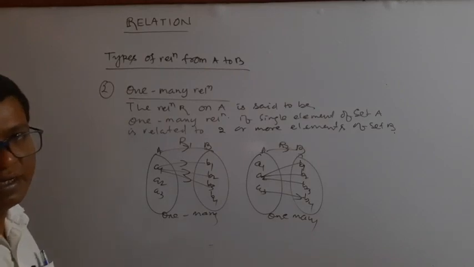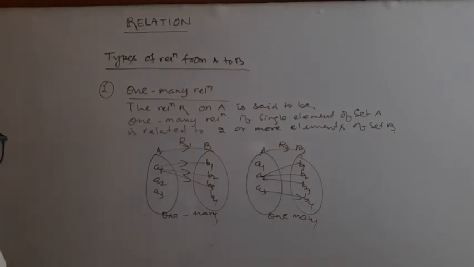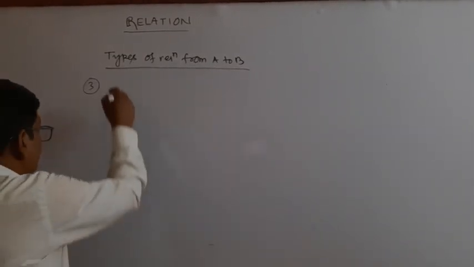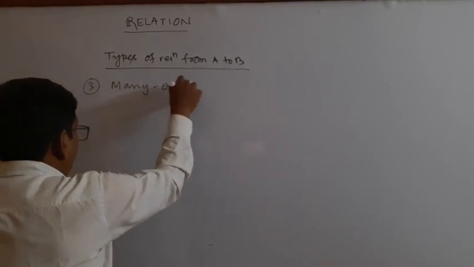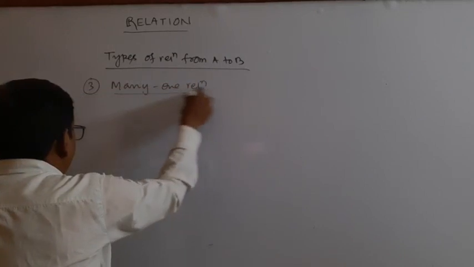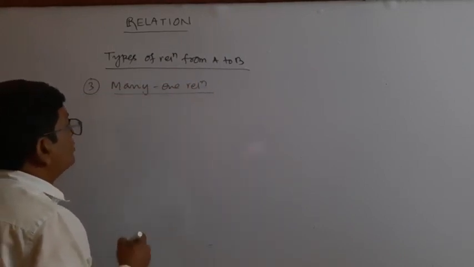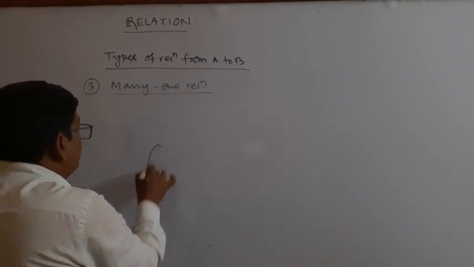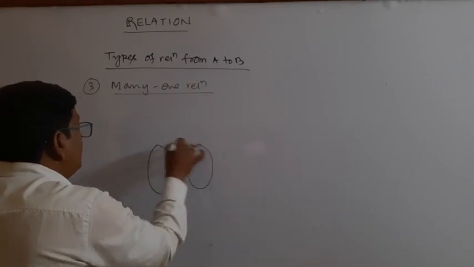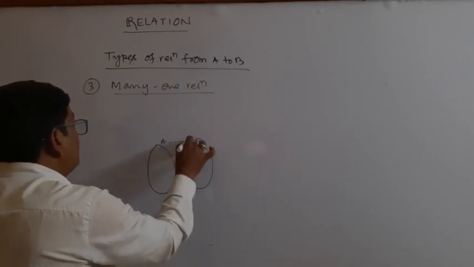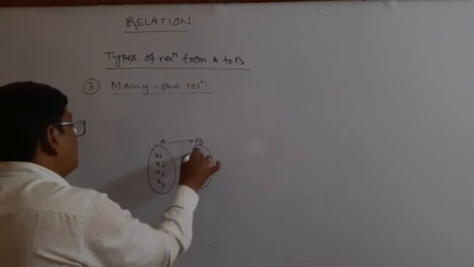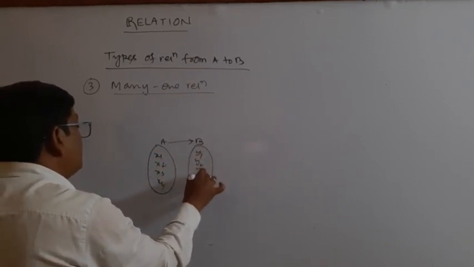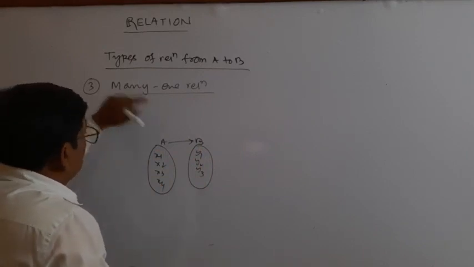Now, the third is the many-one relation. We'll discuss it from the examples. This is A and this is B. Suppose this is x1, x2, x3, x4 and y1, y2, y3. Suppose this is many to one.